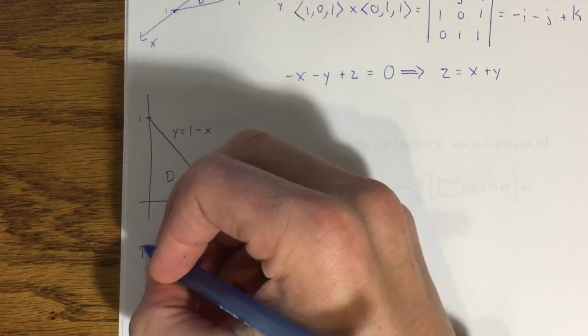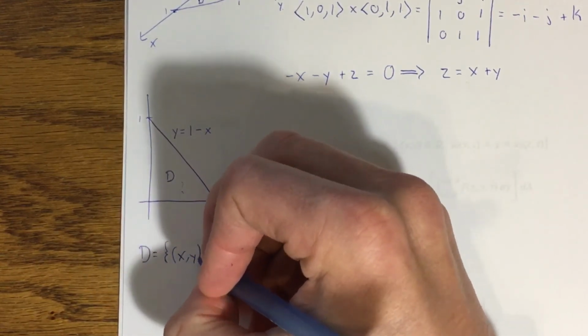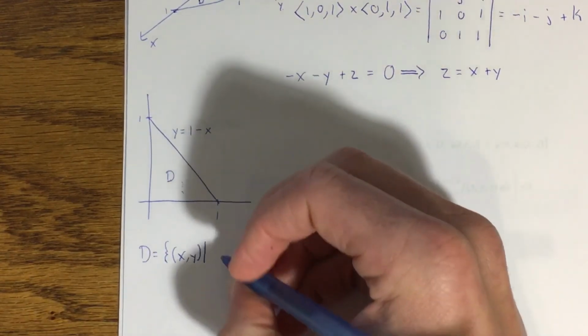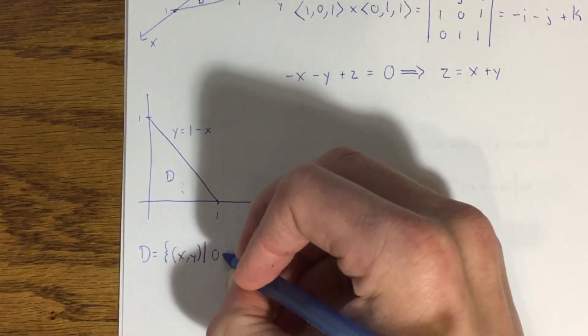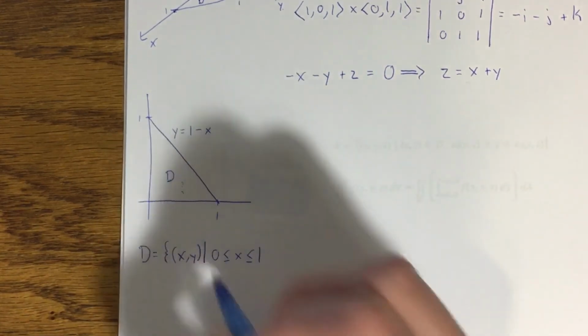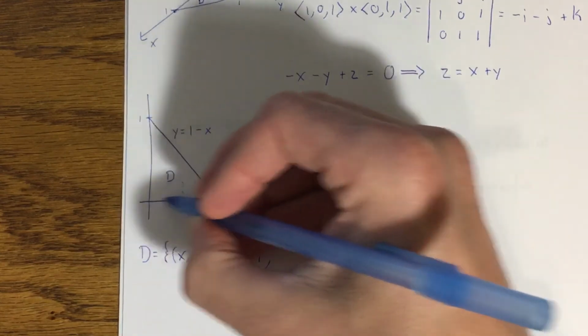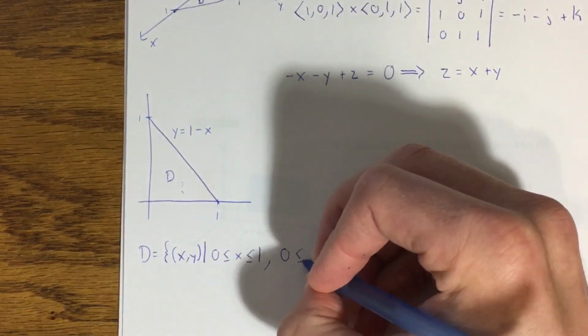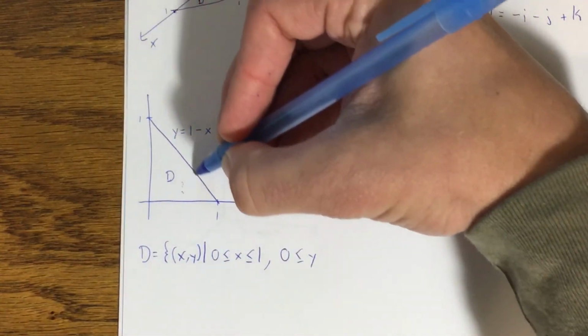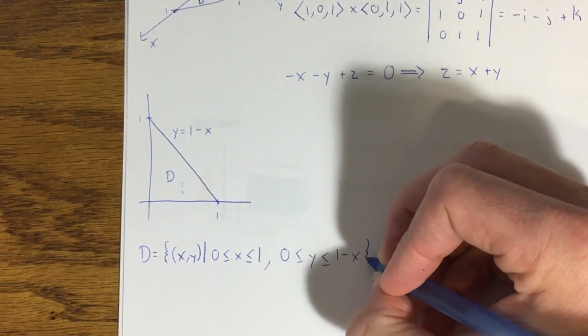So D is the set of all x, y such that x is between 0 and 1, which I can see here. y has a lower bound of 0 and an upper bound given by this function here, 1 minus x.